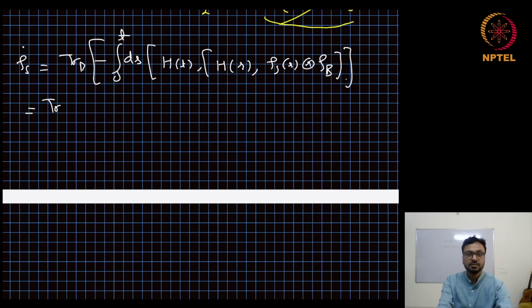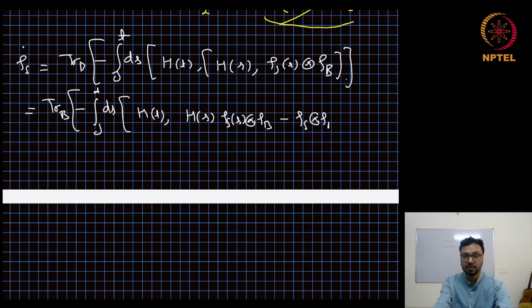We can expand it to be trace over b of minus integral from 0 to t ds, commutator of H_t with (H_s rho_s(s) tensor rho_b minus rho_s rho_b times H_s). And this can be written as minus integral from 0 to t ds.